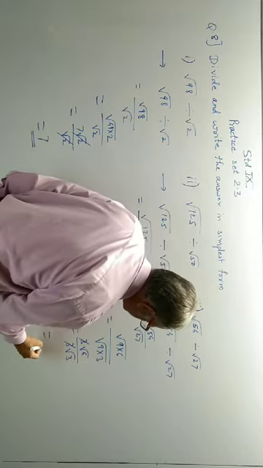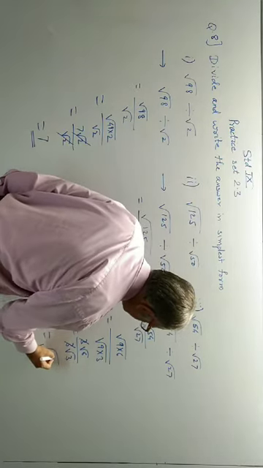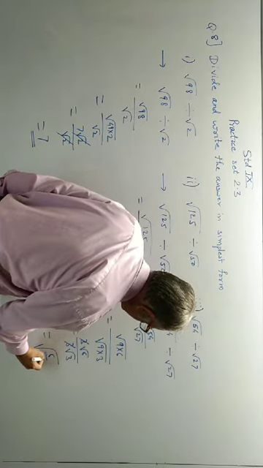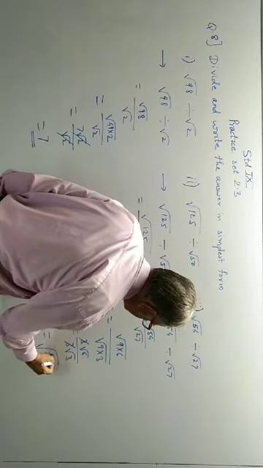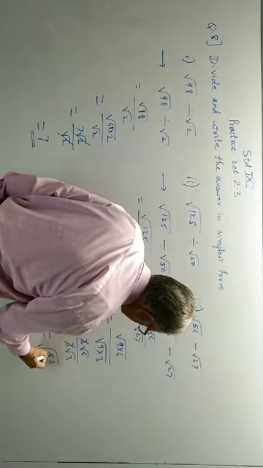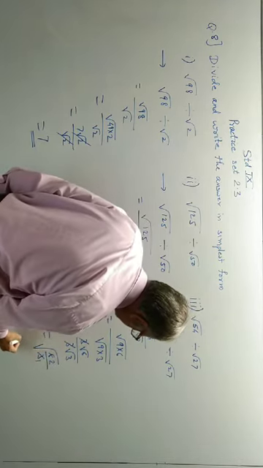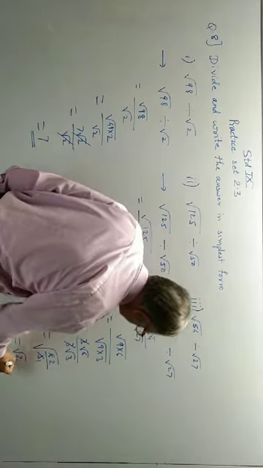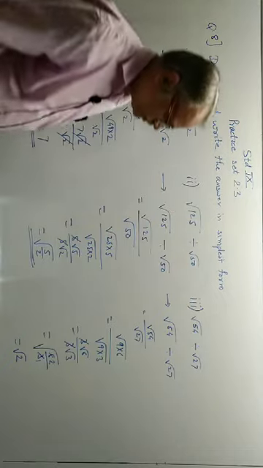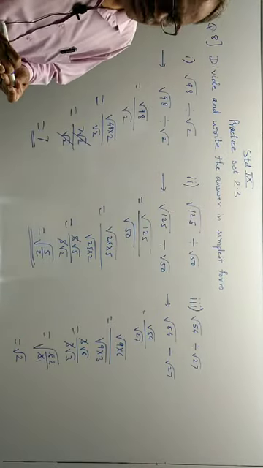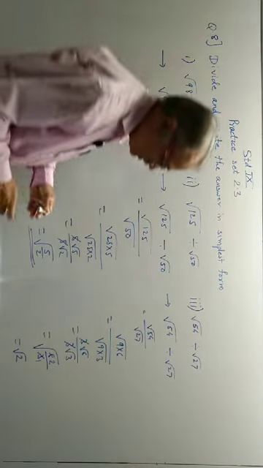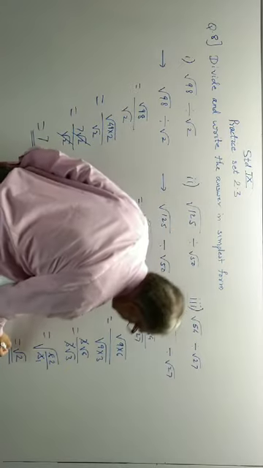Root 6 upon root 3 can be written in one big root, 6 upon 3. Again 6 and 3 cancel, 3 twos are 6. So what remained? 2 upon 1. Upon 1 need not be written. Root 2 upon 1 is root 2.